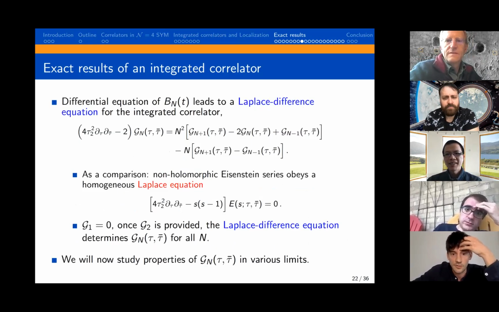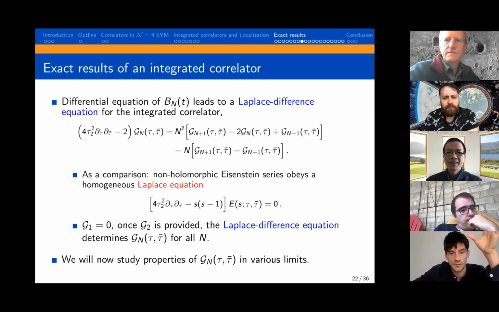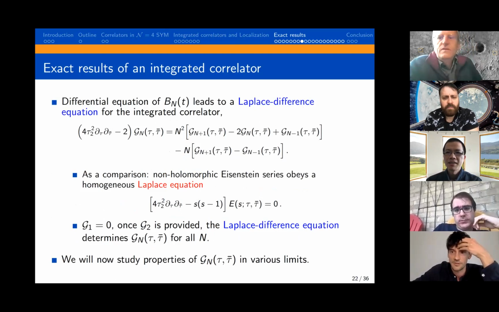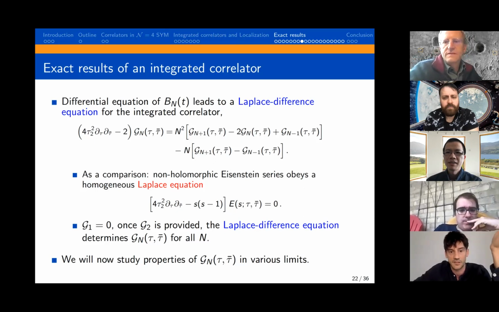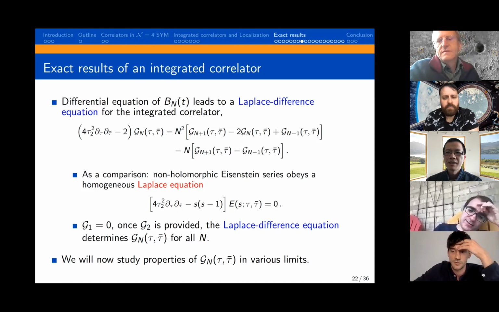Can I also ask a question about this recursion relation? Is there some explanation on the level of field theory? Somehow it relates n minus 1 with n plus 1. Is there any idea what this relation corresponds to on the level of field theories?